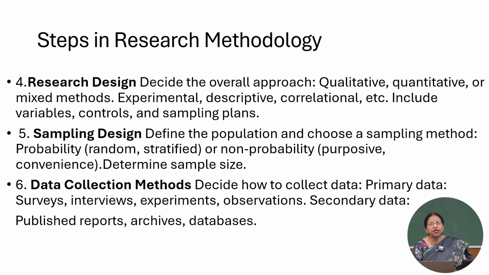What are your variables going to be? What are the controls that you want to keep? And what is your sampling size or sampling mode? Because it could be that you are doing on smaller samples, you can be doing on bigger samples, but everything has to be written down like a blueprint.